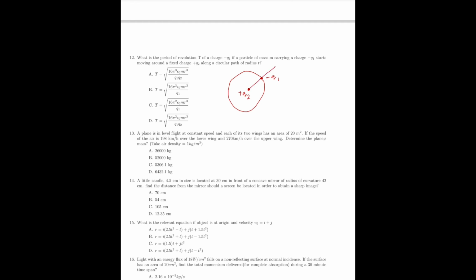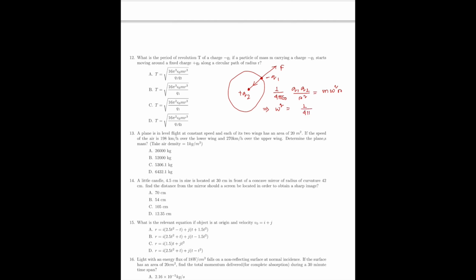So in this case, the electrostatic attraction force will compensate the centrifugal force F. So we need to balance the electrostatic force with the centrifugal force.